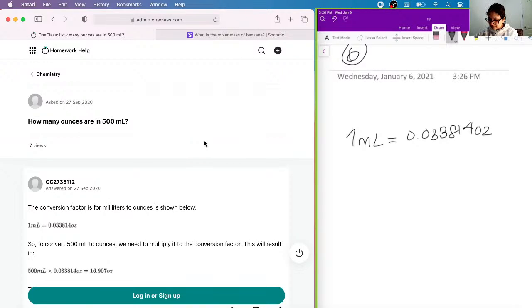And so to convert 500 ml to ounces, we just have to multiply it with the conversion factor, which is 0.03381.